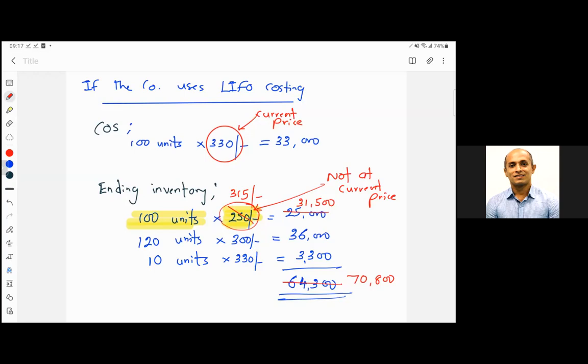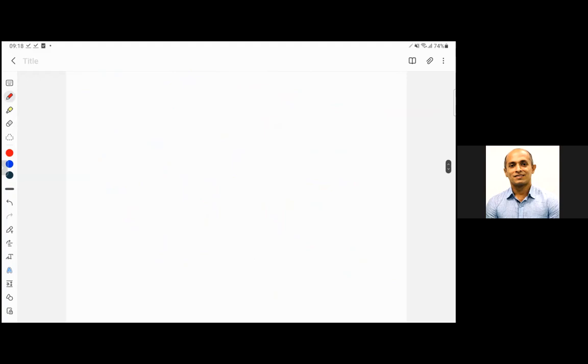Right. Now you see, last year price 250. Current year price on average 315.